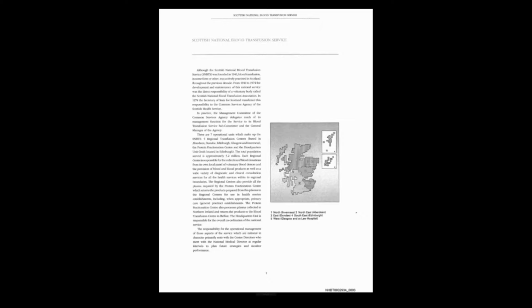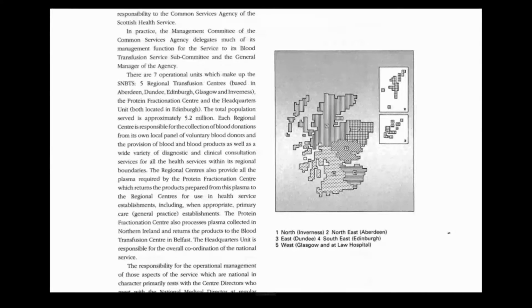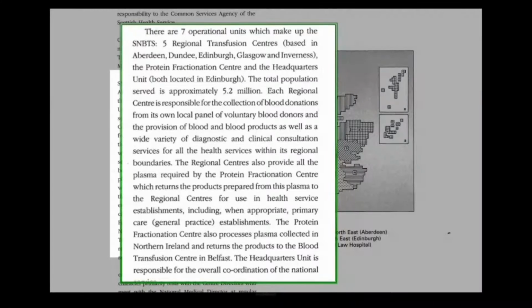And then if we go to the next page, just to see what the service was that Professor Cash was director of, we look at the third paragraph. We can see there the description of the 7 operational units making up the SNBTS, the 5 regional transfusion centres, Aberdeen, Dundee, Edinburgh, Glasgow, Inverness, the Protein Fractionation Centre and the headquarters unit in Edinburgh.